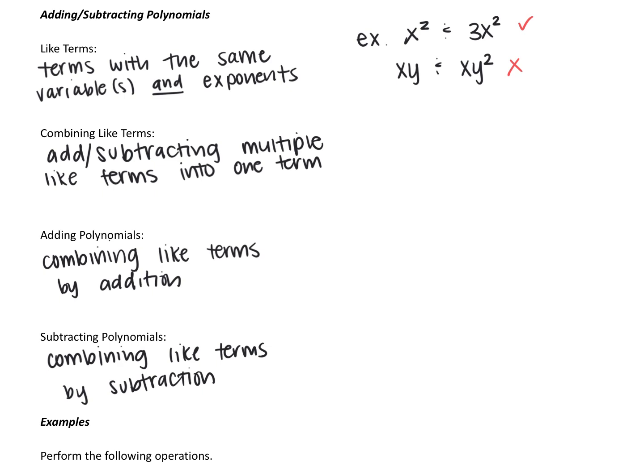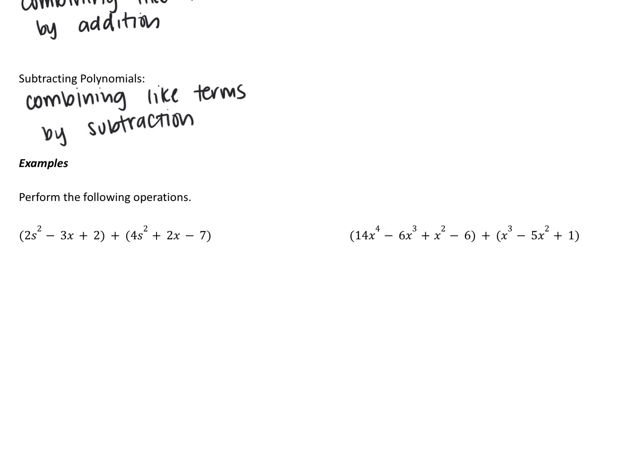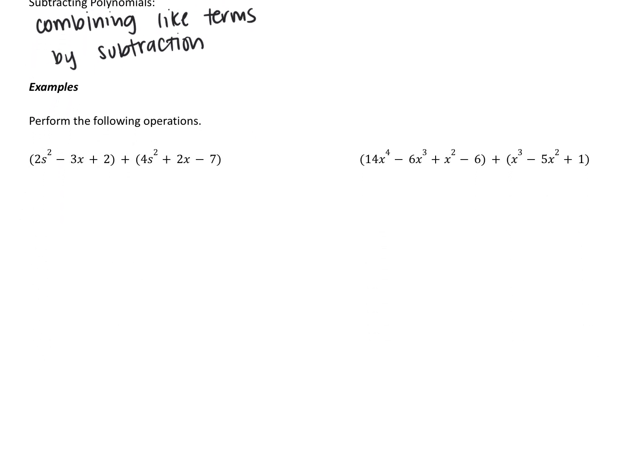And you can have both of those in the same polynomial, so it doesn't have to be all addition or all subtraction. You can have some addition and some subtraction. But you're looking for like terms. Okay. So let's go ahead and look at some examples.